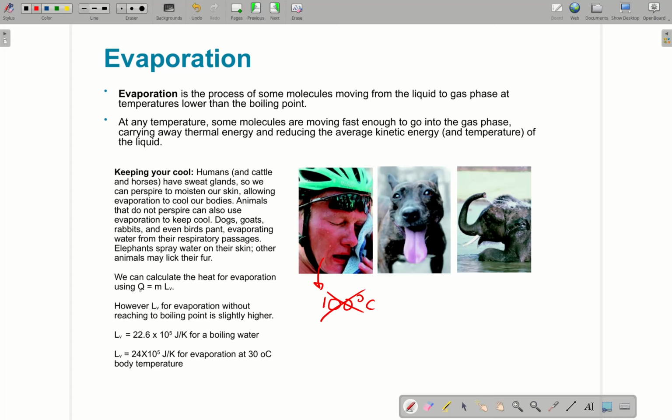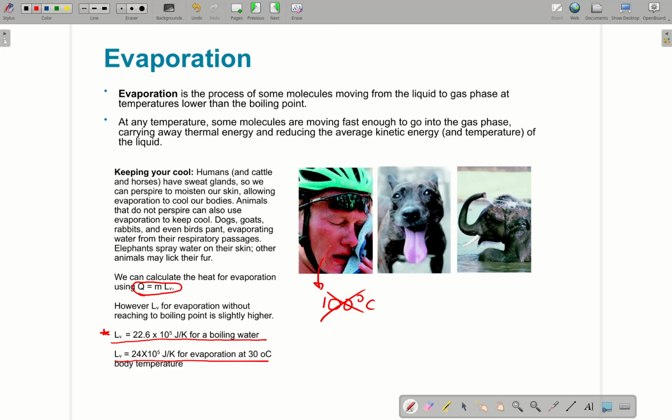We can still calculate the heat taken from our body using M times L, evaporation, that would be LV. But it will be a different value than for boiling water, the latent heat of evaporation. For example, at 30 degrees, the latent heat of evaporation is 2.425 times 10^6 joules per kilogram for water from our body, versus at 100 degrees the latent heat of evaporation is smaller.